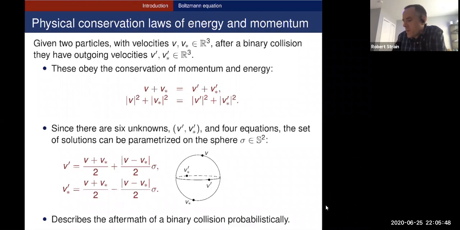There's a little bit of geometry that you can do, and these velocities all live on a sphere that you can map out. I just made a little picture of it there. And this describes the aftermath of a binary collision between particles probabilistically, because it's mapped out by your probability space, which in this case is a sphere.